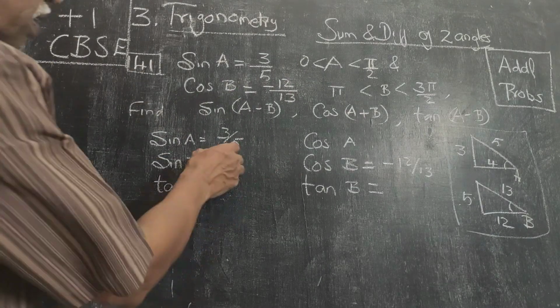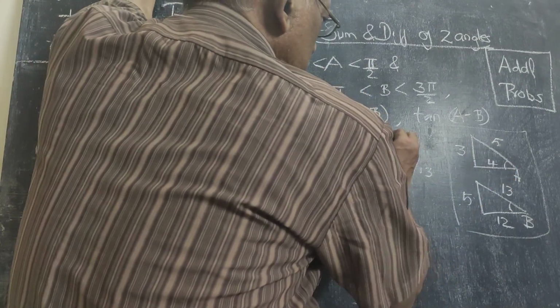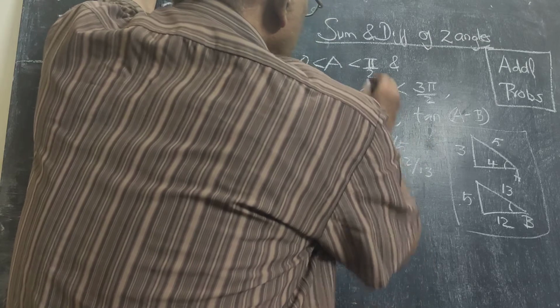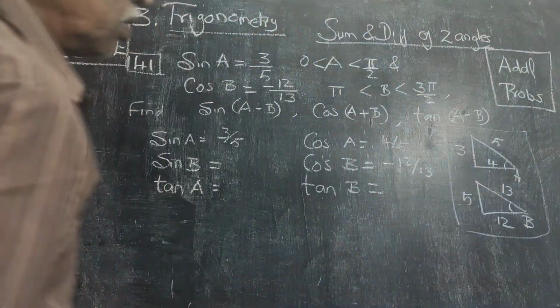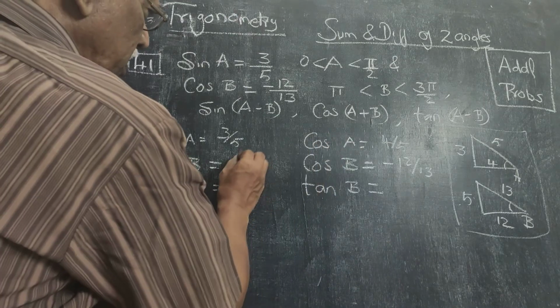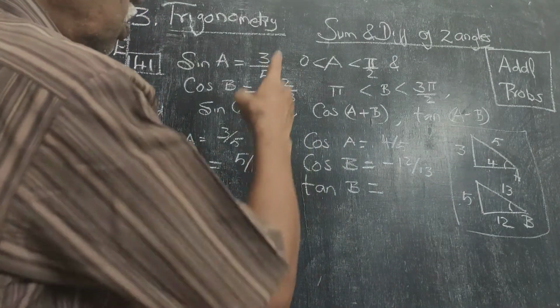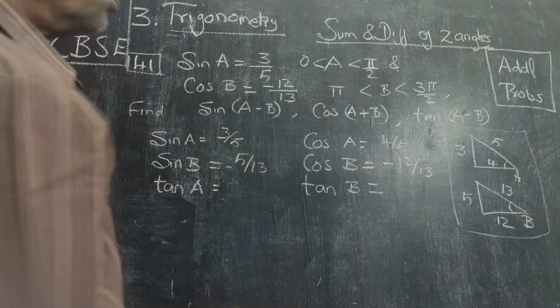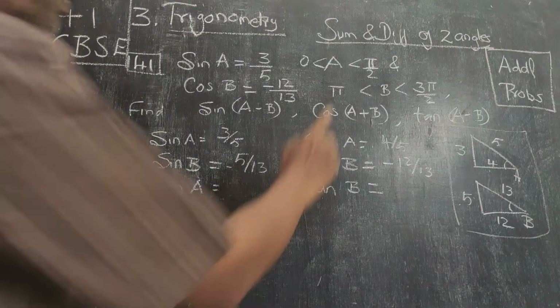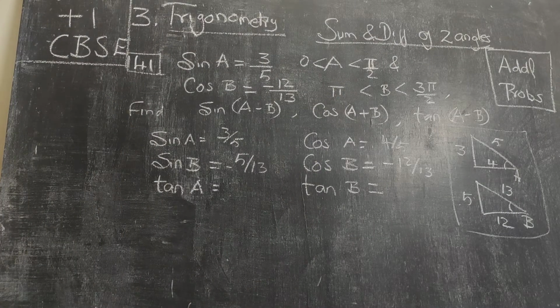After that you can go for finding the cos A value. Cos A is adjacent by hypotenuse. Angle A lies in the first quadrant, therefore positive. Cos B is minus 12 by 13, therefore sin B is 5 by 13, but B is in the third quadrant, so sin B is also negative.